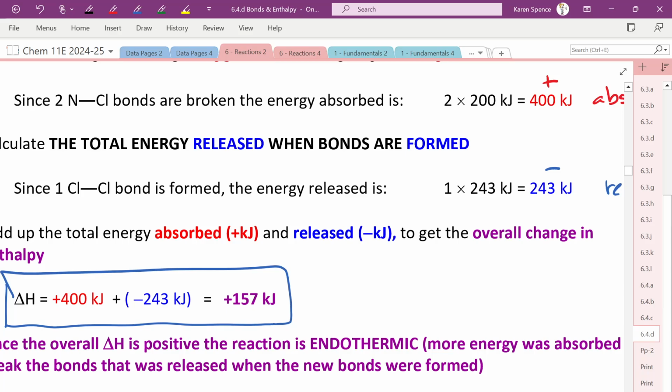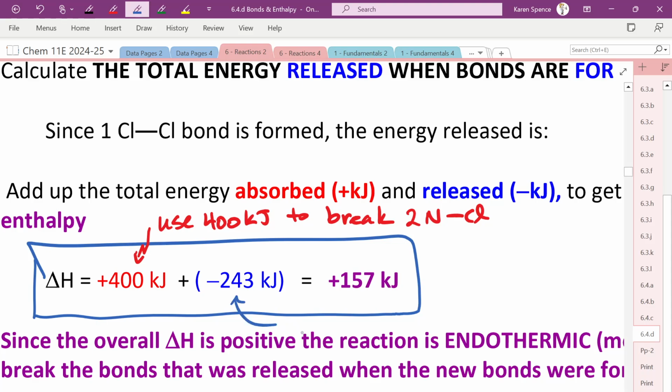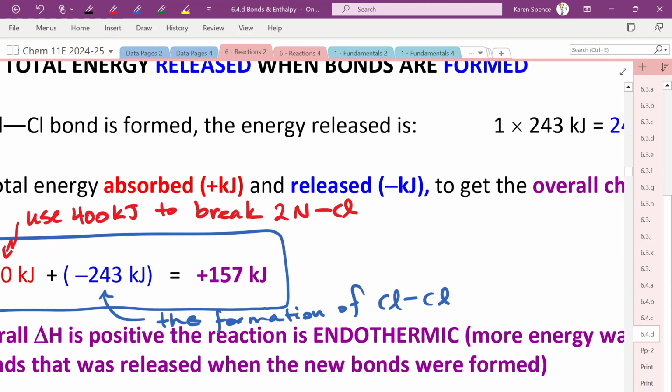Yeah? And so we use 400 kilojoules to break the 2 N-Cl bonds, and the formation of Cl-Cl releases 243 kilojoules.